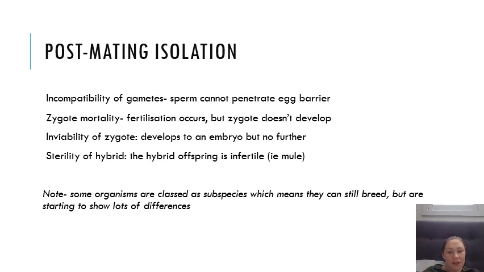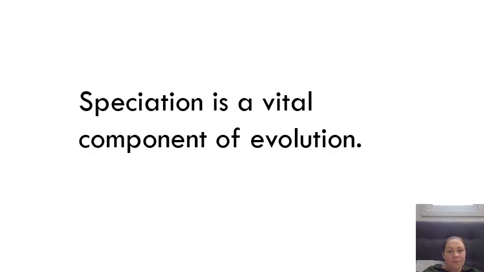And some hybrids are just sterile or infertile, like the mule, because the chromosomes can't pair, so you can't produce members of that species. Speciation is a vital component of evolution. If we didn't have the formation of new species, our populations would not be able to continue to evolve and we wouldn't be able to survive on Earth.